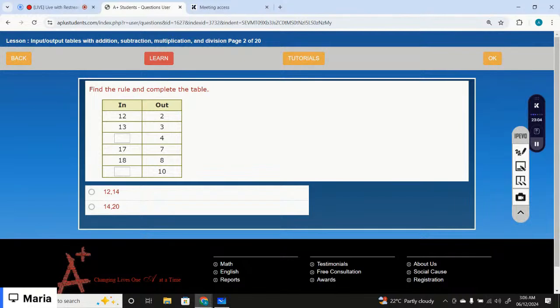Find the rule and complete the table. 12, 2, 13, 3, the missing number 4. So which is the correct option?